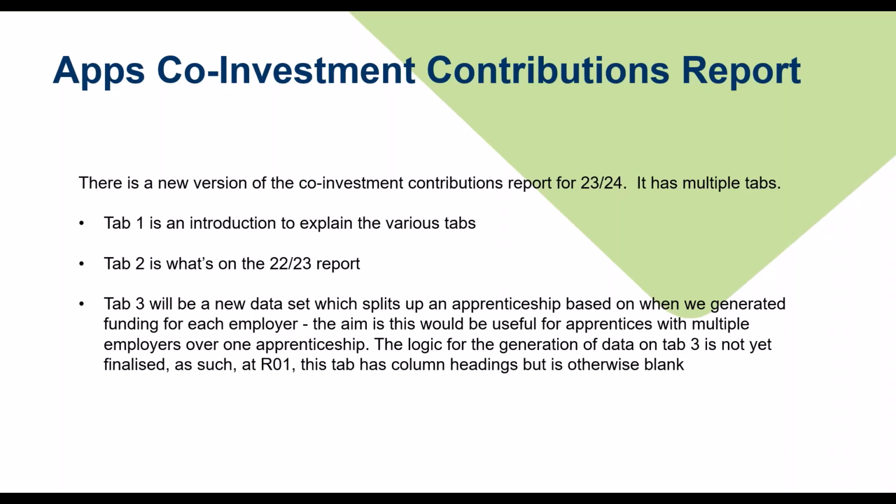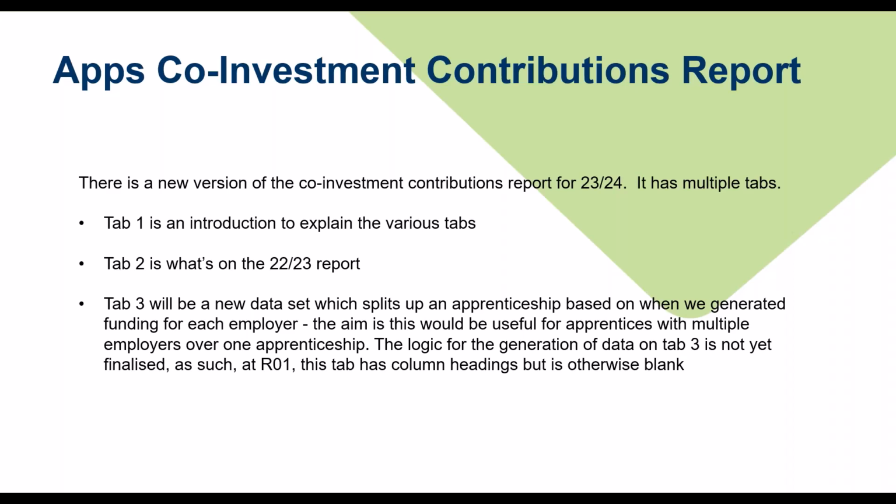The logic for the generation of tab 3 is not yet finalized. As such, at R01, if you've looked at this, you would notice that tab 3 has column headings, but is otherwise blank. But obviously, we will be populating that soon.